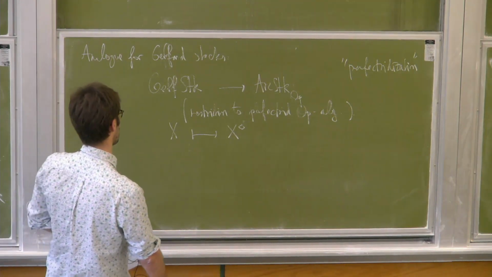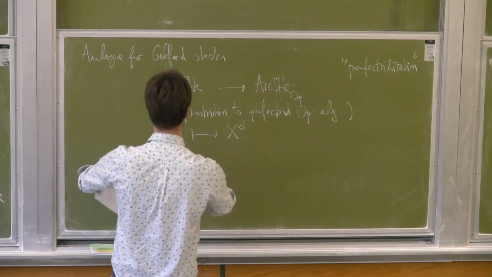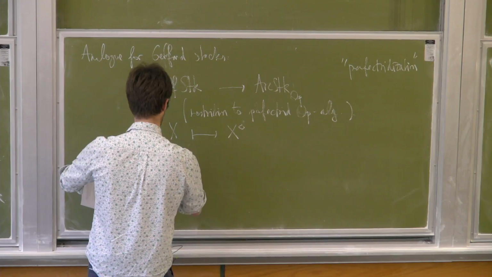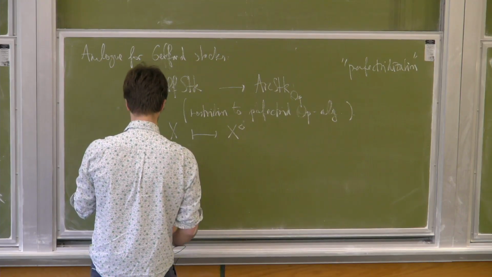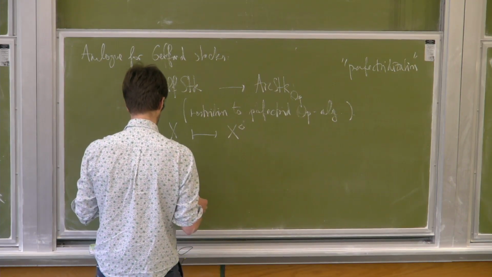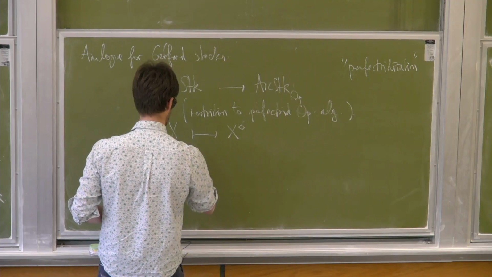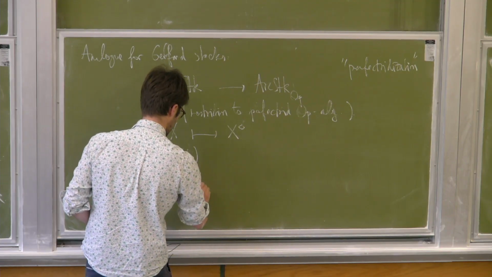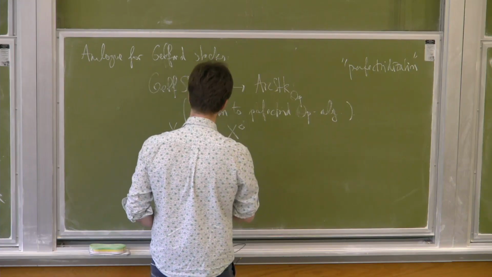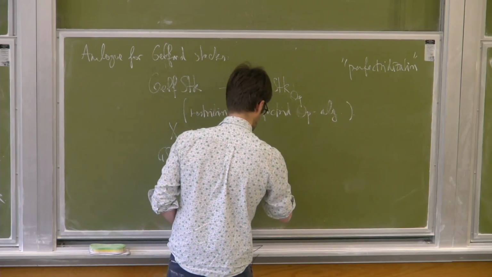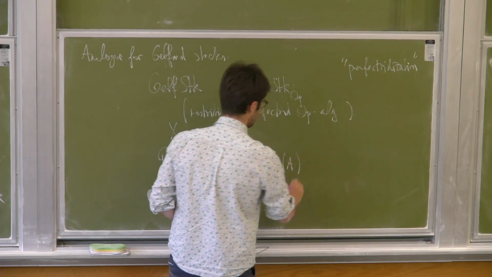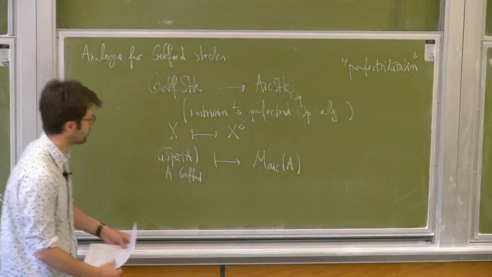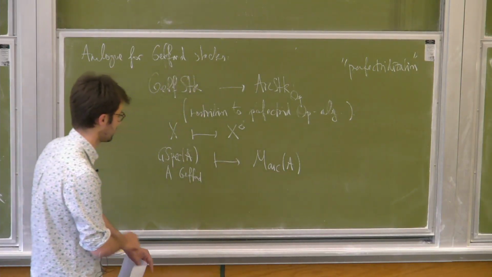And in fact, this functor is colimit preserving, and if I have something like G-Spec A, where A is a Gelfand ring, it sends it to the arc stack of A, so the functor corepresented by A on perfectoid rings.